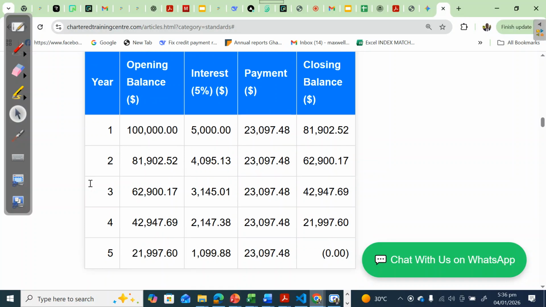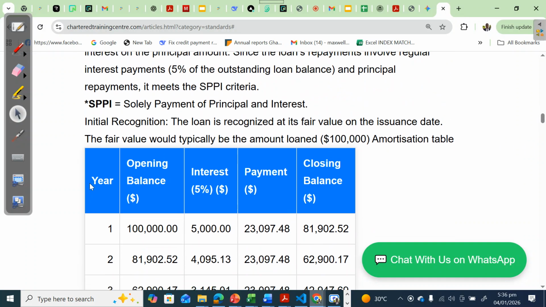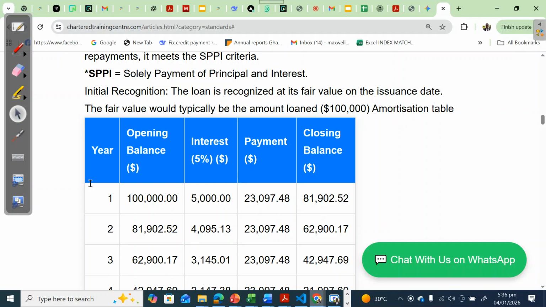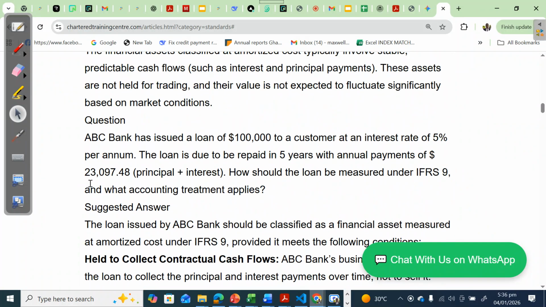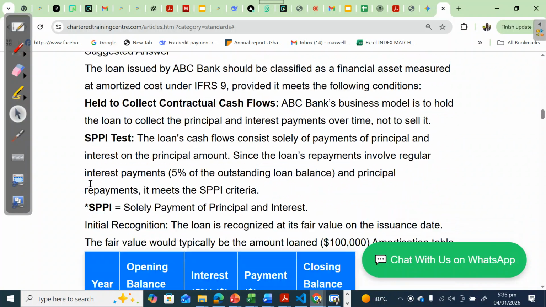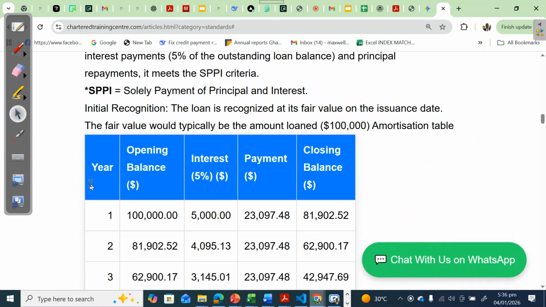So the initial recognition is we recognize the instrument at fair value, which is the loan amount, which is 100,000 here. Then we calculate the interest, which is 5% of the loan amount.